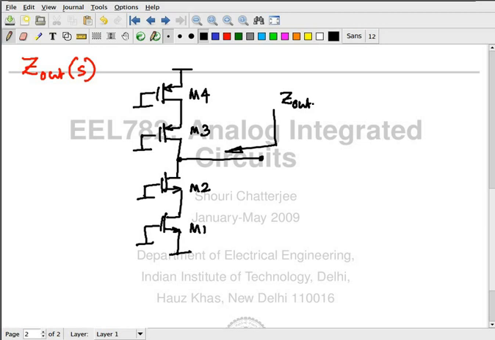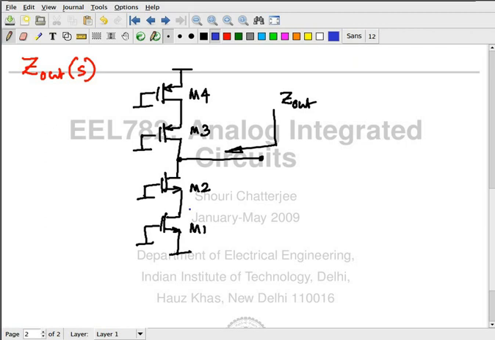Okay, and now you look up, you'll see some impedance, you'll see RDS3. First of all, let's look at the different capacitors present. Let's start from M1.